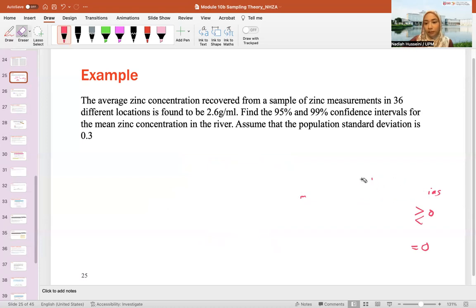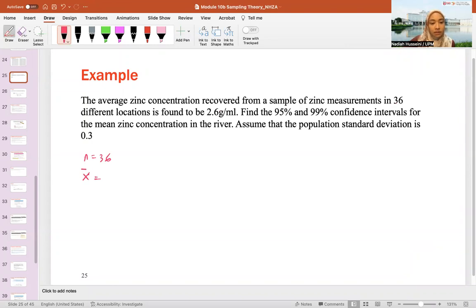Okay, so let me get back to confidence interval using this example. The average zinc concentration recovered from a sample of zinc measurements in 36 different locations, so we know that our n is 36, is found to be 2.6. So this is our sample mean from our sample of 36 locations.